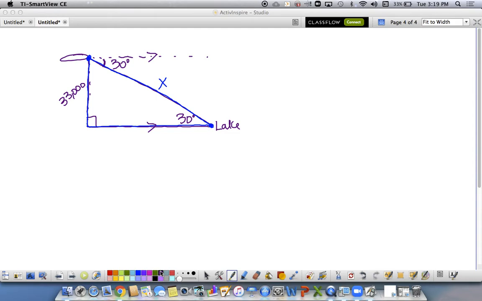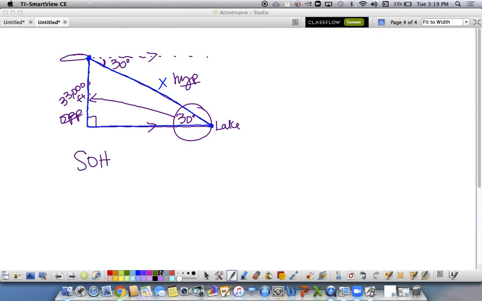Okay? What are we given? We're looking at an angle. We know the what? How is that 33,000 feet related to that? It's the opposite. And what are we looking for? We're looking for the hypotenuse. Opposite over hypotenuse is the what?